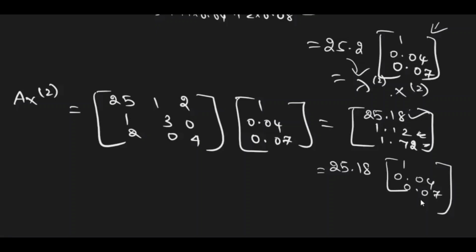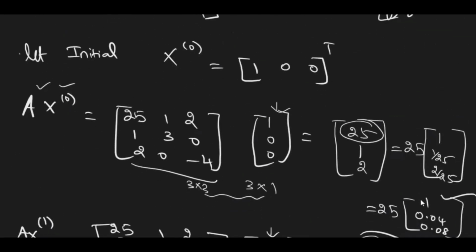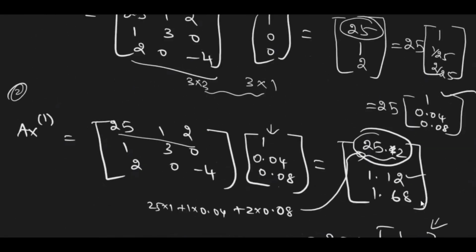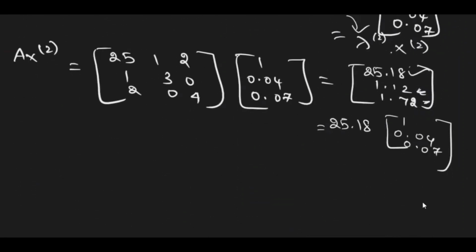How many times do I have to do the iteration? Until I get the same eigenvector up to two decimals. In the first iteration it was 25 with 1, 0.04, 0.08. In the second iteration it was 25.2, and the eigenvectors are the same. In the third iteration it is 25.18, which is somewhat closer to the previous one.